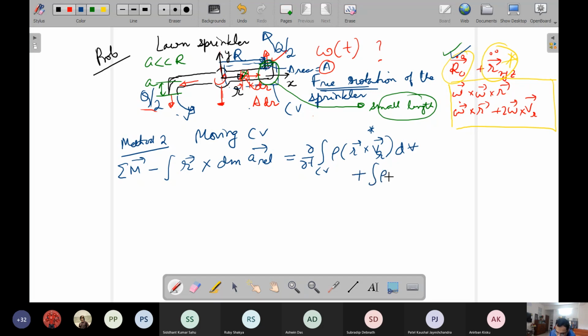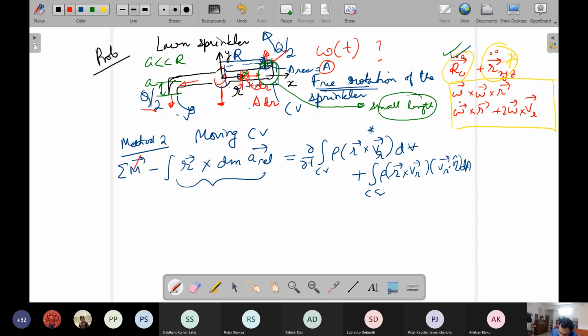Plus the integral of rho r cross this Vr, and then this. Now you don't have to measure the absolute velocity of the fluid, you just have to write it relative to the control volume, but that has to be compensated by this correction.